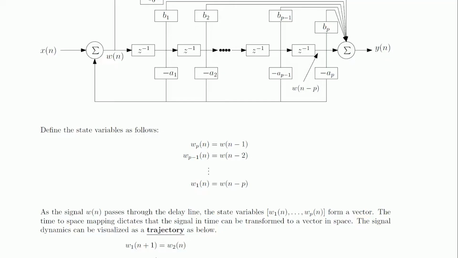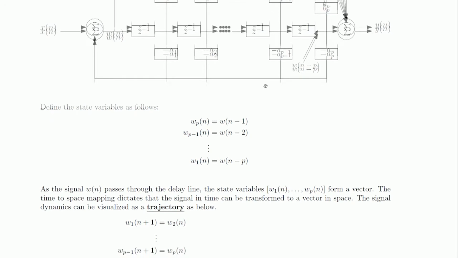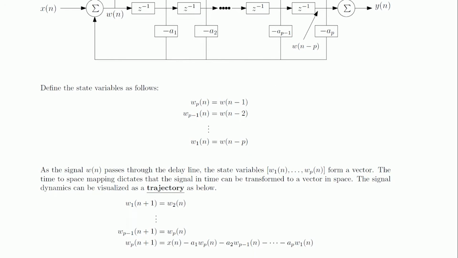This is basically the time to space mapping, which dictates that the signal in time can be transformed to a vector in space, and the signal dynamics can be visualized as a trajectory as below, right. So, we have w 1 of n plus 1 is w 2 of n, so on and so forth.